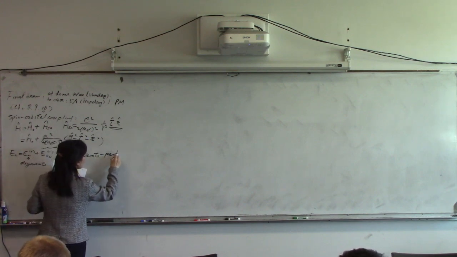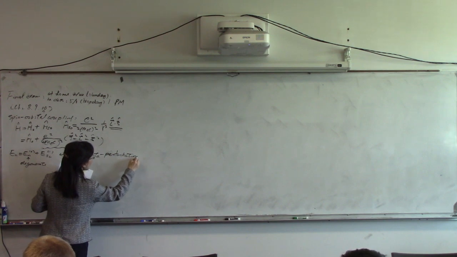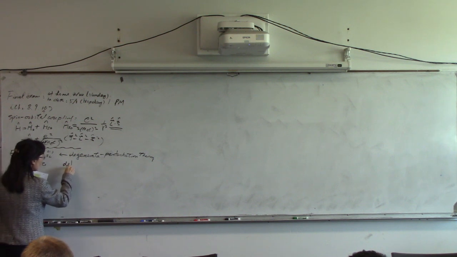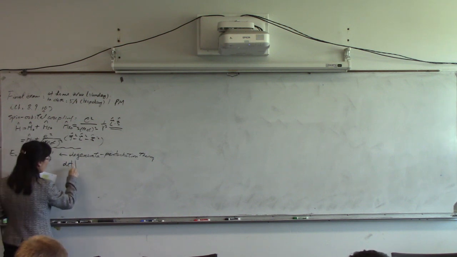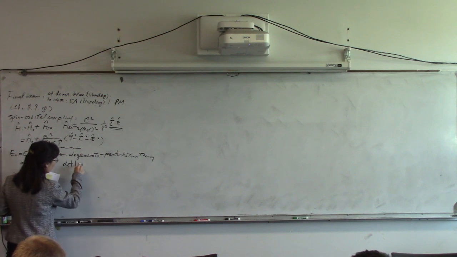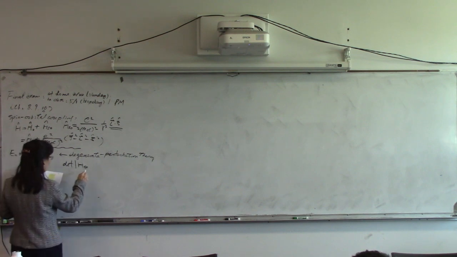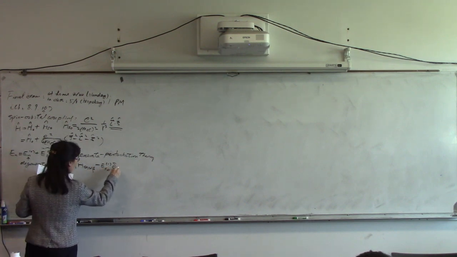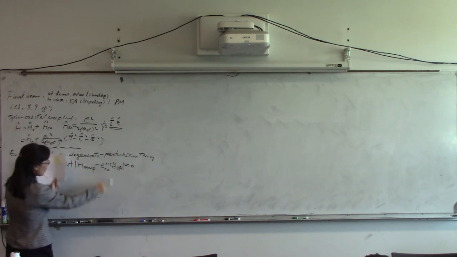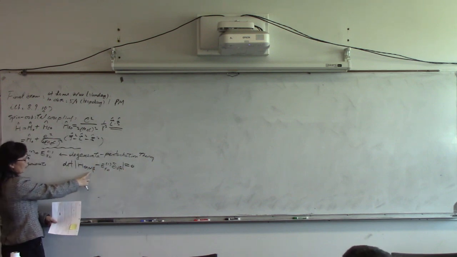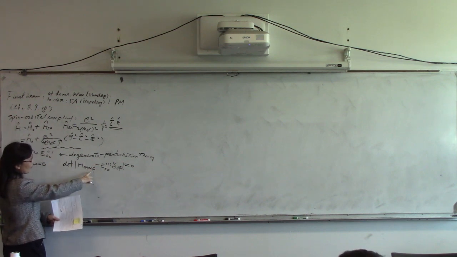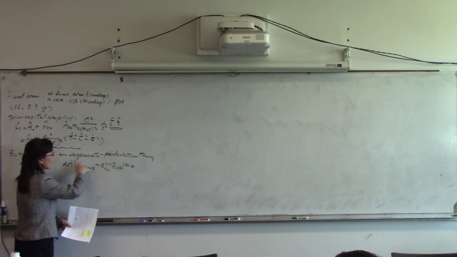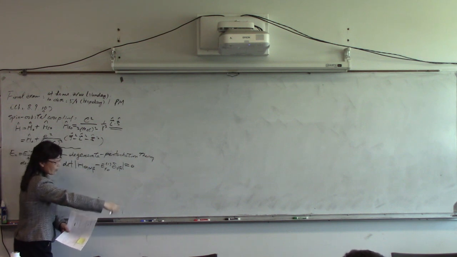That means we have to solve this determinant: SO alpha beta minus E_SO delta alpha beta. The determinant depends on alpha beta, the index of the degeneracy. Then in principle we solve this, and we can find the energies by solving this.